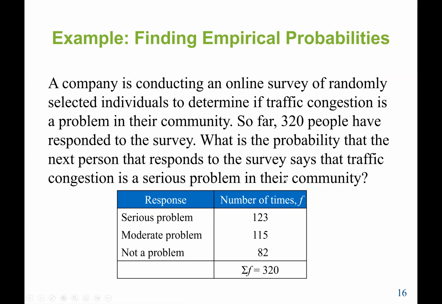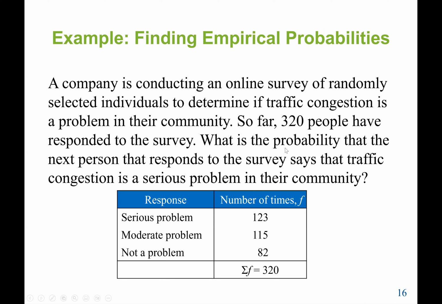Now, this is not a classical problem, because we are going to get our result based on what previous respondents gave us, the survey result. So we already have a survey of 320 people. We know the result already. So based on that result, we can predict or say what the next person may say.